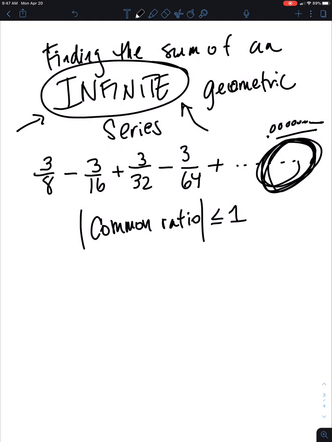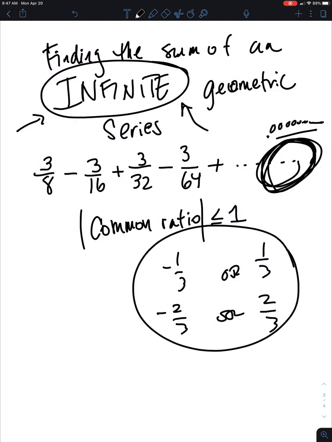Now I say absolute value, so it could be negative 1/3 or it could be positive 1/3. Okay, so it could be negative 2/3 or it could be positive 2/3. Those are all acceptable ratios. If it's 4/3, that's 1 1/3, not happening. If it's 2, nope, can't do it. If it's 4, can't do it.